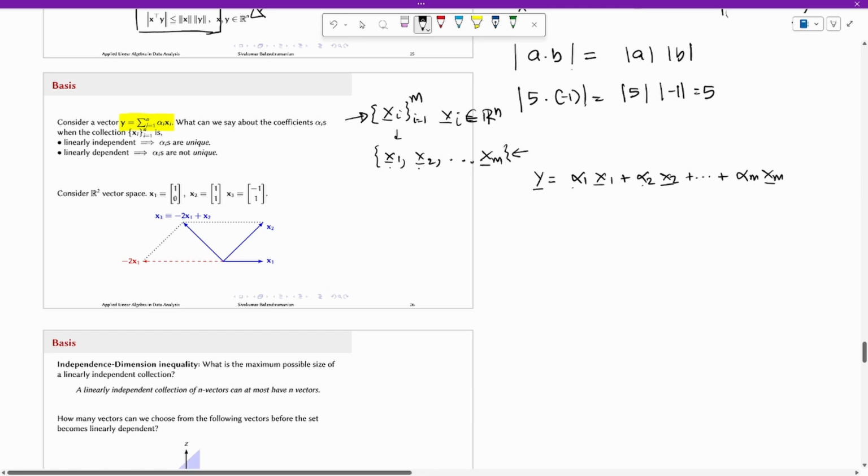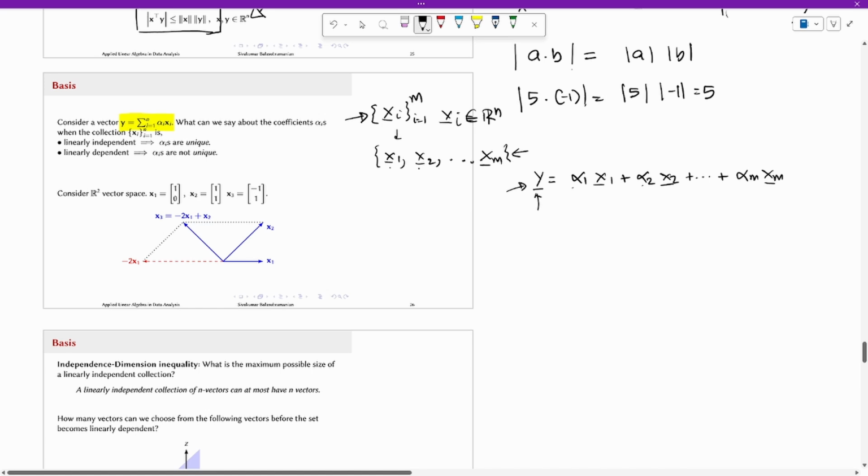If my original set is linearly independent, and I generate any vector y as a linear combination of the vectors in that set, I can generate it using only one possible combination of alpha i's. If the set is linearly dependent, then there are an infinite number of ways in which I can produce any vector y from the set that I started with.